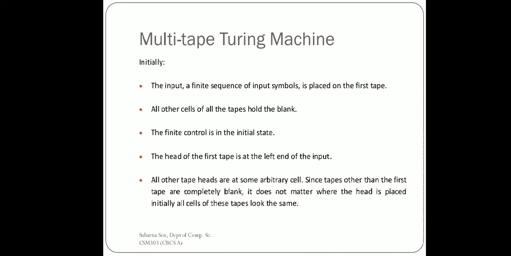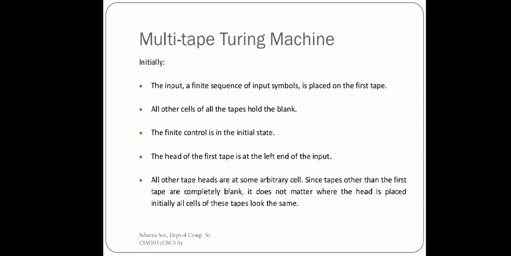The finite control is in the initial state. We know that any processing begins from the initial state, so the finite control is placed there. The head of the first tape is at the left end of the input. Since we process a string from my left hand side to the right hand side, the head points there, and all other tapes' heads are at some arbitrary cell.